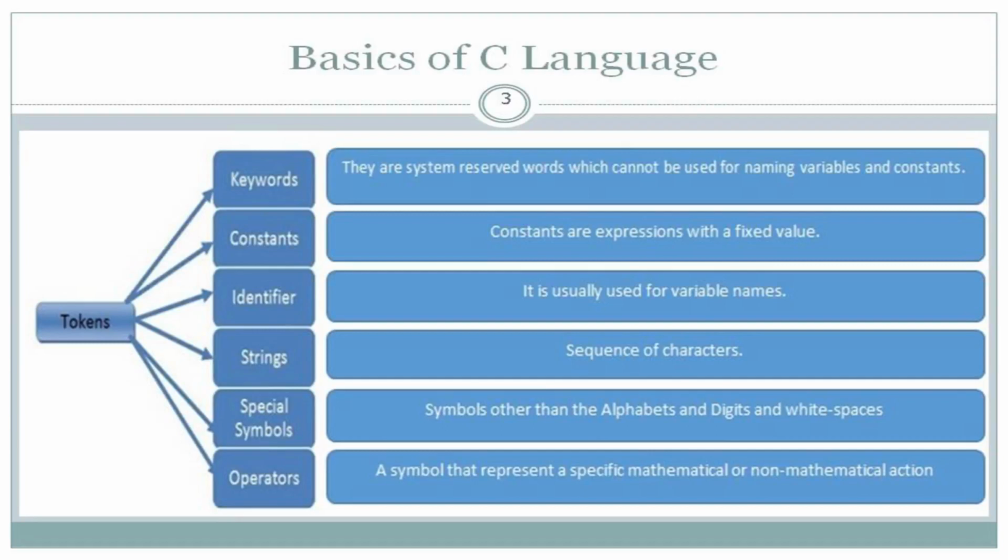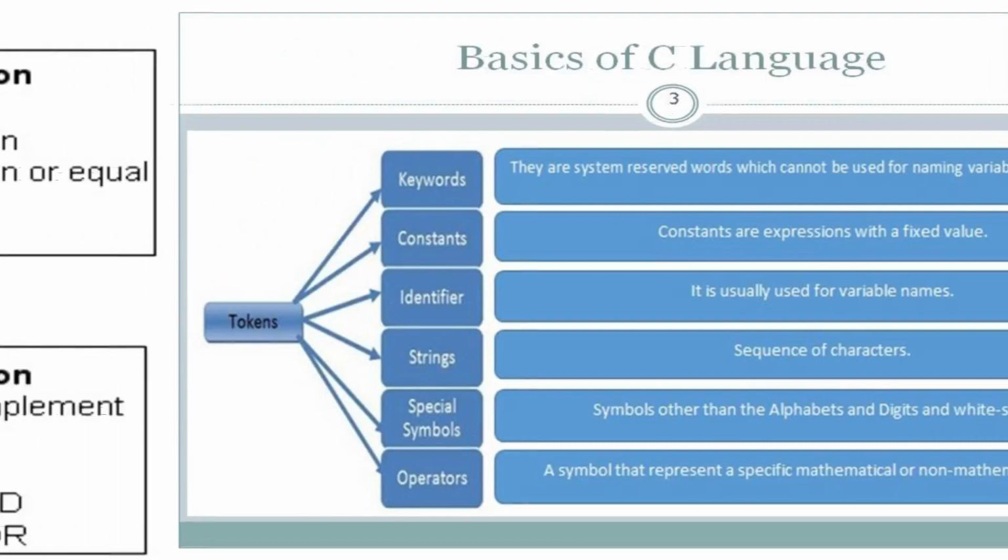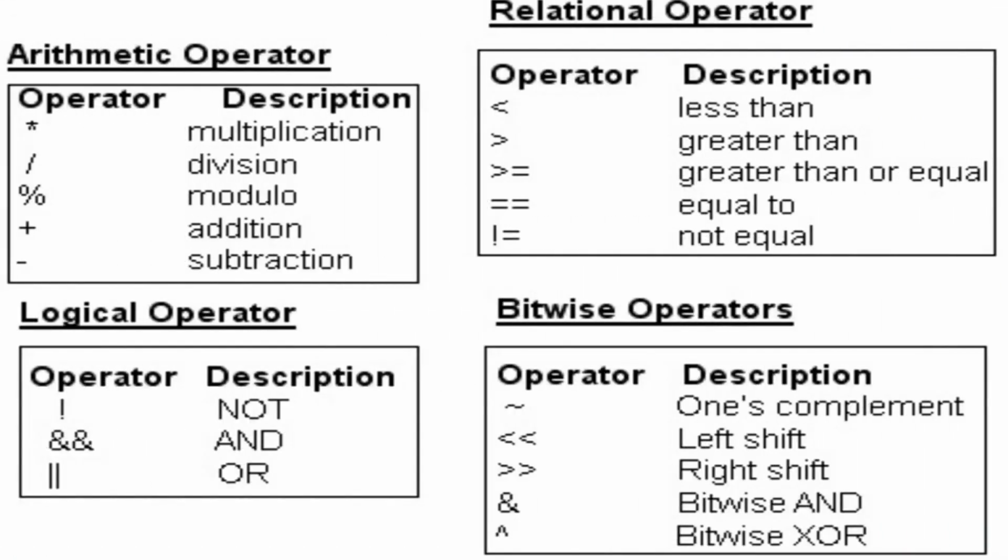The last token present in the C language is operators. These operators are widely used in C language and these are also categorized into different parts. The first type of operator is the arithmetic operator. The arithmetic operator is basically used for calculation purposes. It consists of plus, minus, division, multiplication and modulo division.